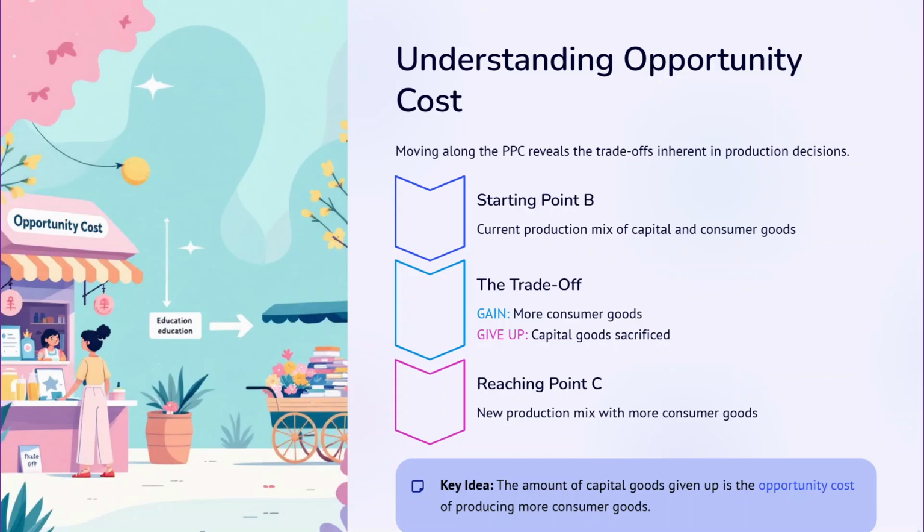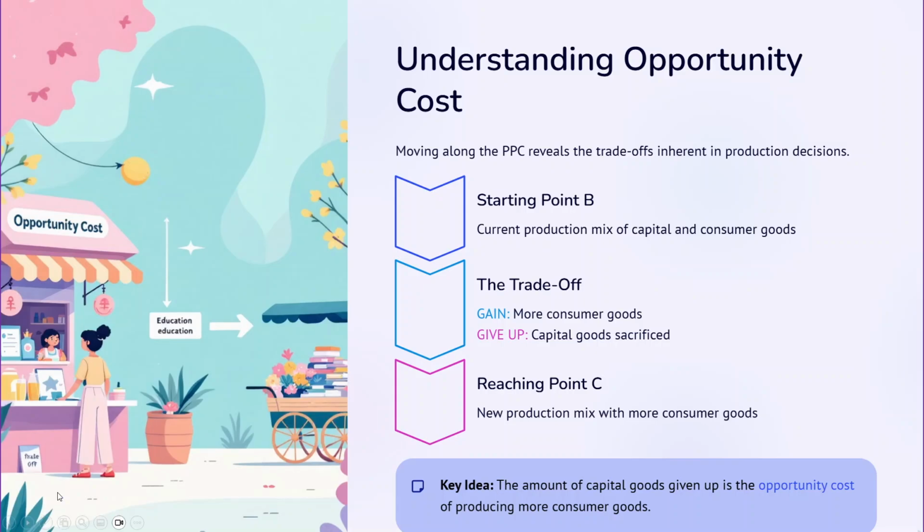We had to give up a certain amount of capital goods. This amount of capital goods that we sacrifice is the opportunity cost of producing more consumer goods. The PPC shows us that there is no free lunch. To get more of one thing, you must give up some of another.